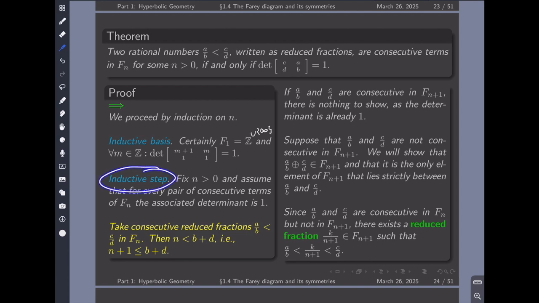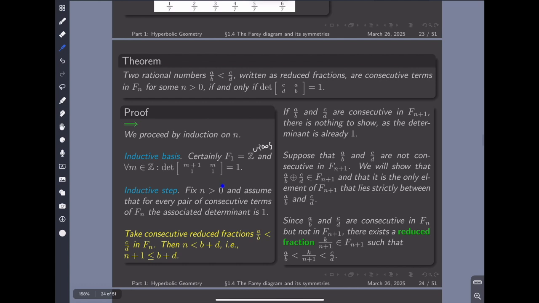Inductive step. We fix Fn, and assume by induction that for every pair of consecutive terms, we have determinant 1. Then analyze.